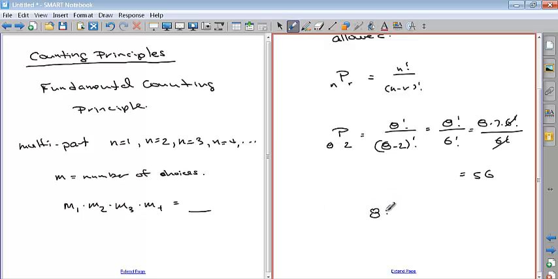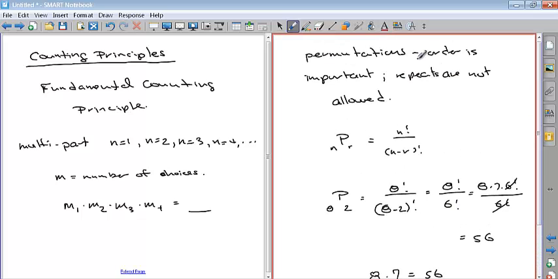But once you choose somebody for president, there are only 7 people left for secretary. That's the 2-step process, and you multiply it together and you get 56. So that's using the fundamental counting principle. This is just using the permutation formula, given that the scenario fits the requirements for permutations, where order is important and repeats are not allowed.